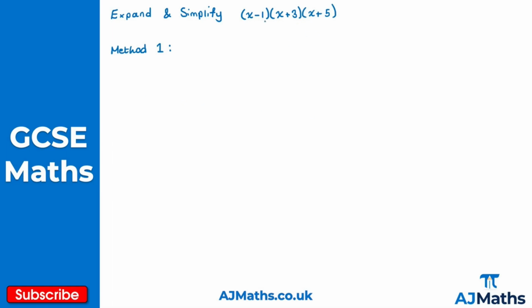So I'm going to expand x minus 1 and x plus 3 together. So x minus 1 times x plus 3. Using FOIL here, if I multiply the first two terms together, I get x times x, which would be x squared. We then do x times positive 3, so that'll give me plus 3x.